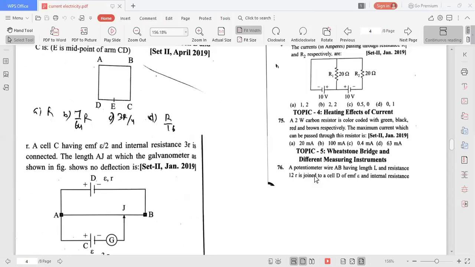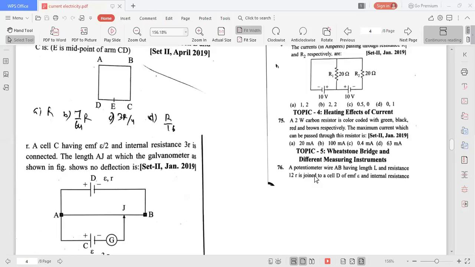Okay. Here a potentiometer wire AB having length L and resistance 12 r. The resistance of the potentiometer wire is equal to 12 small r.